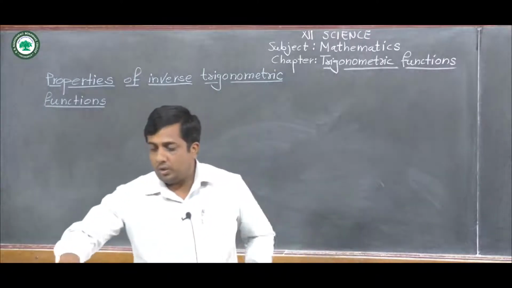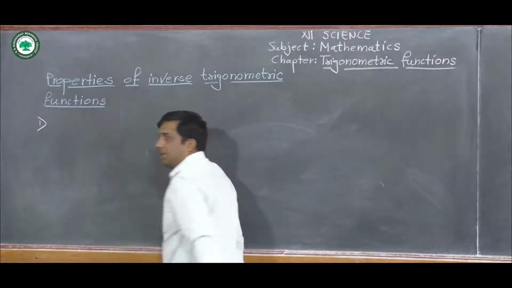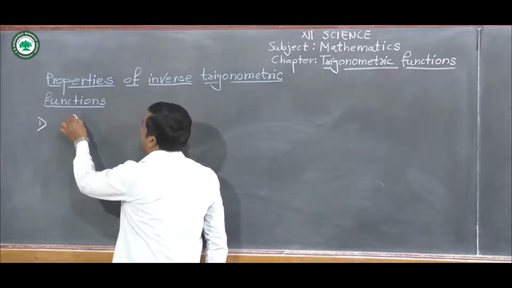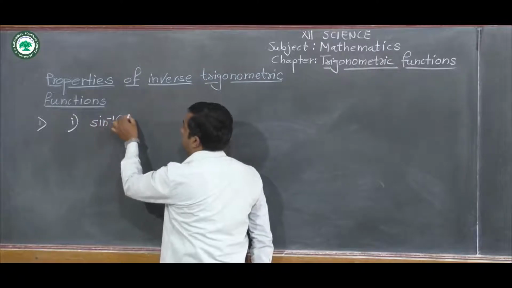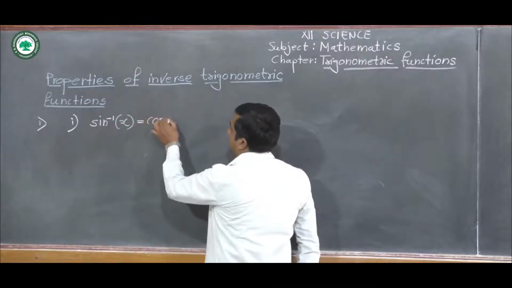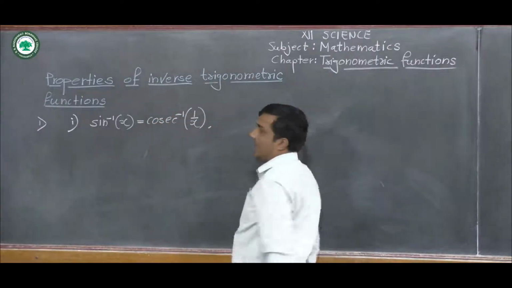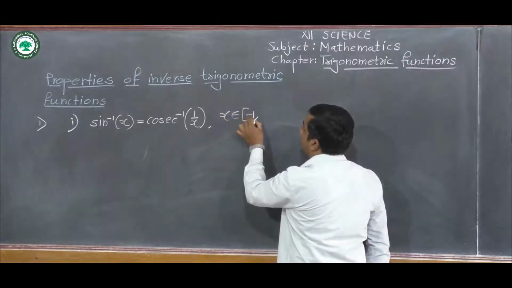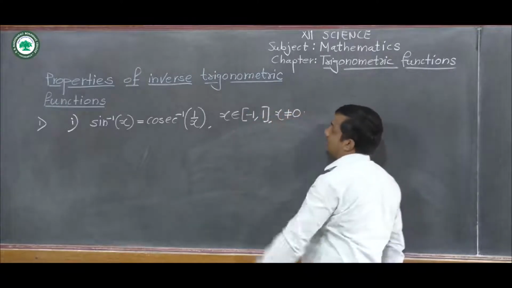Okay, so we go with our first property. In that we consider three sub cases. Here in the first we consider sine inverse of x is equal to cosec inverse of 1 upon x, where x belongs to the closed interval minus 1 to 1, and x is not equal to 0.